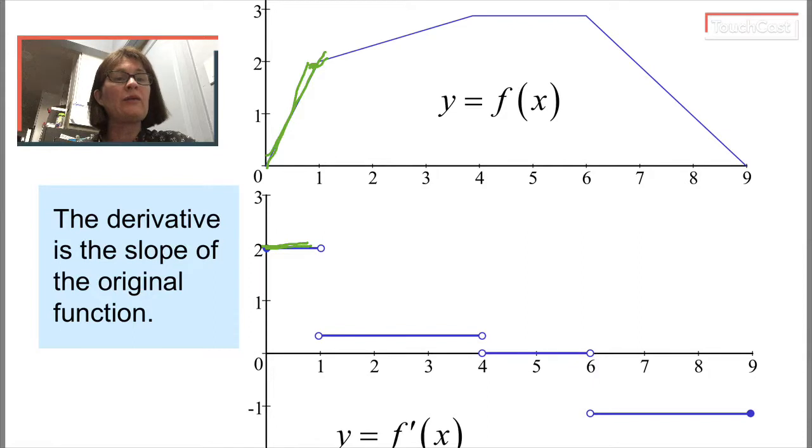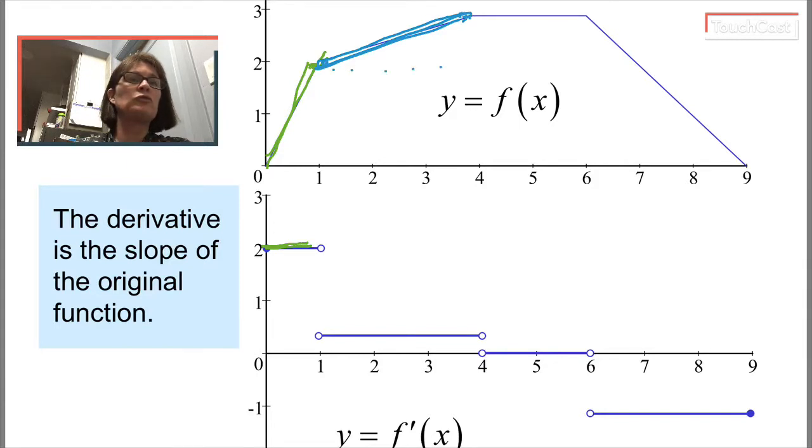Between 1 and 4, I have another linear chunk, but the slope is different this time. This time I have a rise of 1 over a run of 3, so slope 1 over 3. Watch me graph that. Between 1 and 4, the slope of f is a constant 1/3.